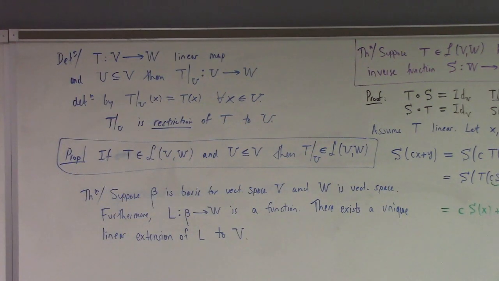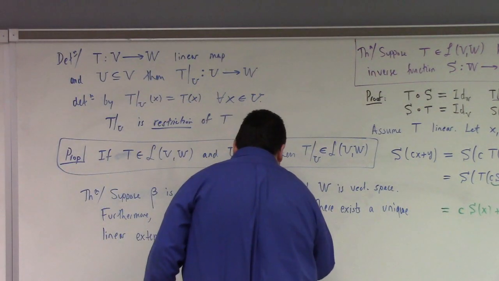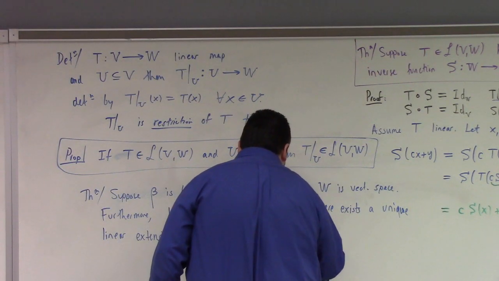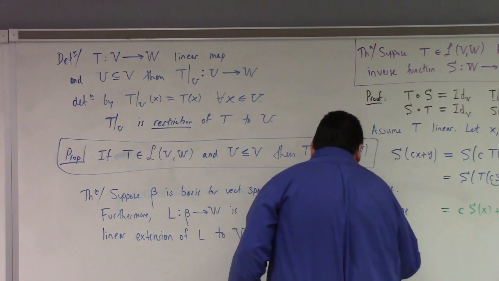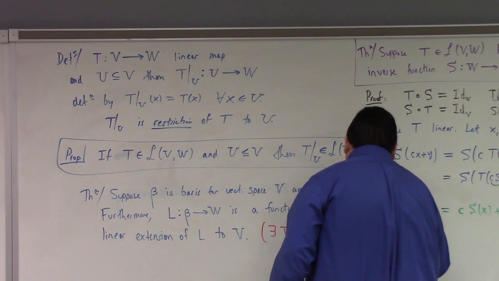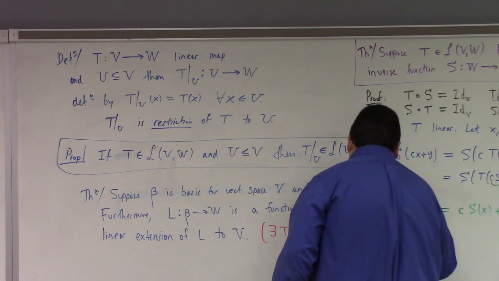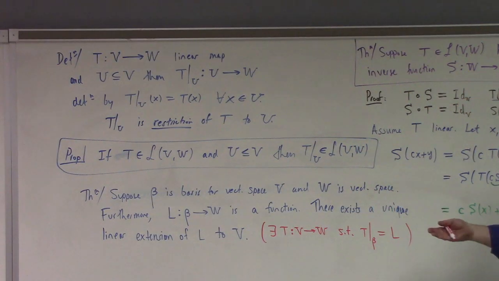And let me put a finer point on what I mean by that. I mean that there exists T, a mapping from V to W, such that T restricted to the basis is equal to L. So this is the flip side of restriction, right?